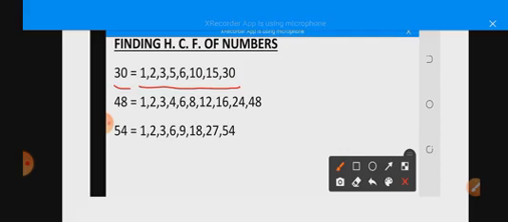Unlike multiples, which we spoke about in the previous video, and which do not have an end, for factors there is actually an end. It is defined. It has a limit. So the factors of 30 could all be written.